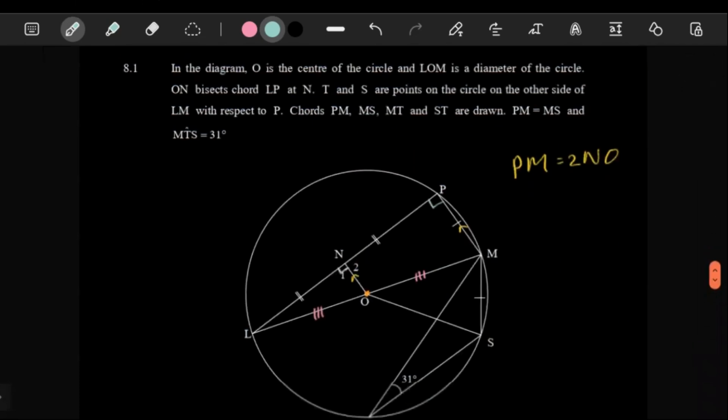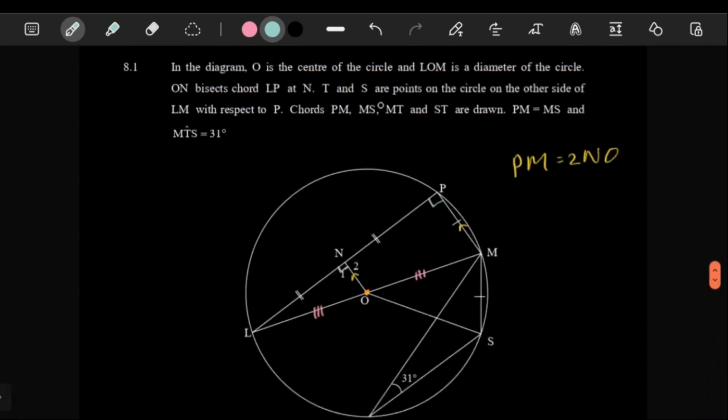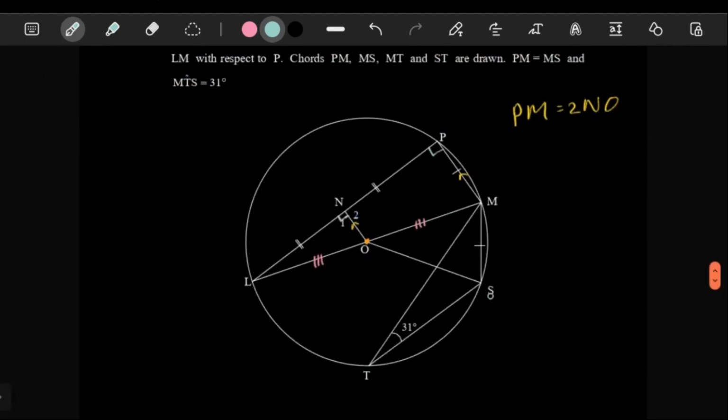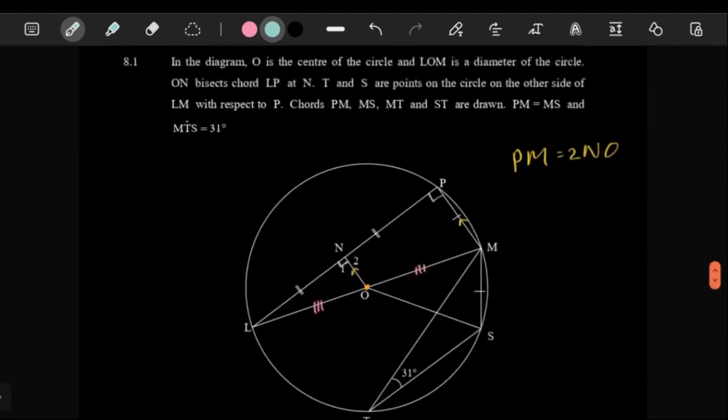Then it says T and S are points on the circle. There's T, where's T? T here, and S are points on the circle on the other side of LM. So there's LM here.